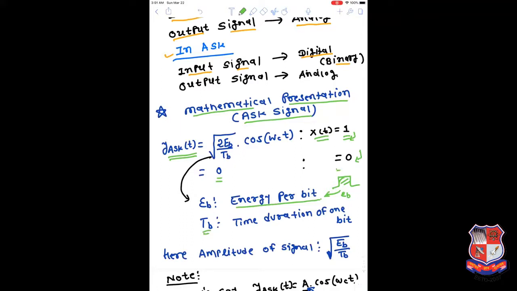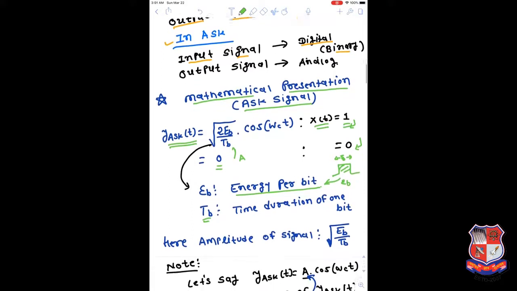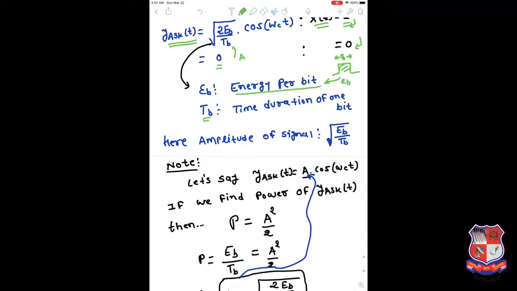So if your pulse is of some duration TB, that can be defined here. So here the amplitude A can be represented in the form of a power, and later on we will discuss this equation in detail. So the amplitude can be represented as square root of 2 EB by TB.